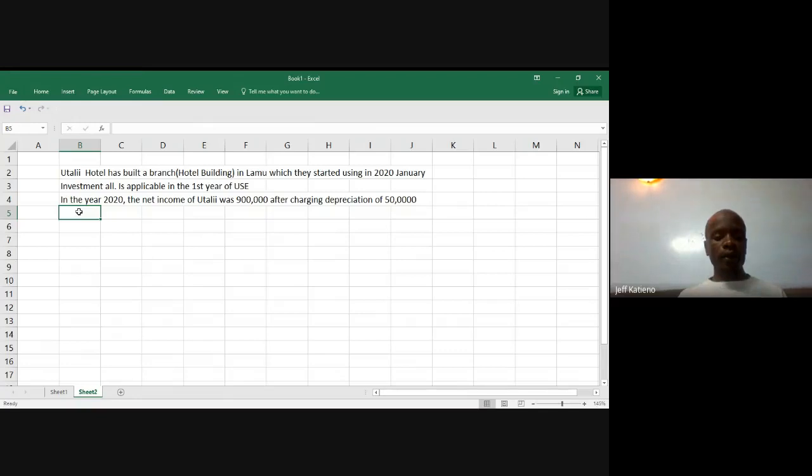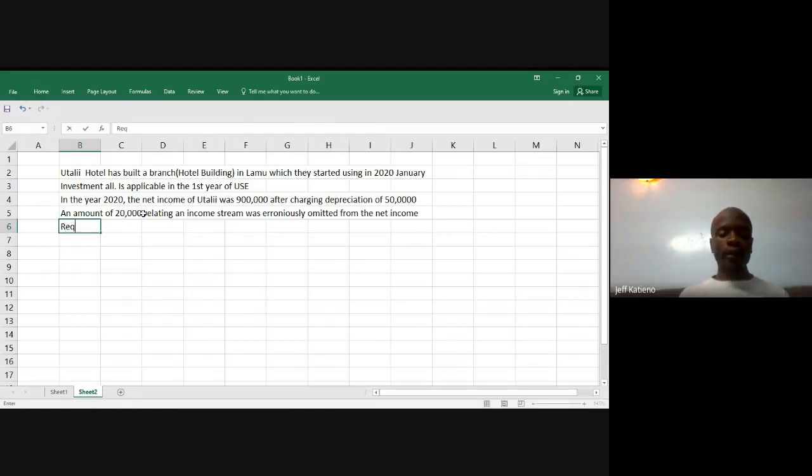And an amount of 20,000 was erroneously omitted from the net income. An amount of 20,000 relating to sales or relating to an income stream was erroneously omitted.